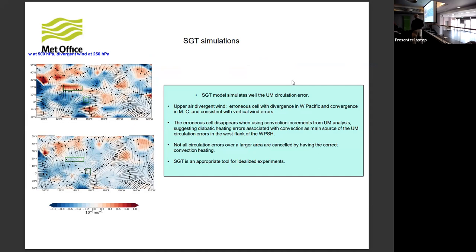You see this error in upward motion here over the wet region, and the reverse error, little vertical motion or downward motion, where the precipitation is deficient. So it's the same pattern. Now, we then transplanted: in the diagnostic, we put in the analyzed heating and rerun everything with the analyzed heating instead of the model's heating, and all the errors are wiped out.